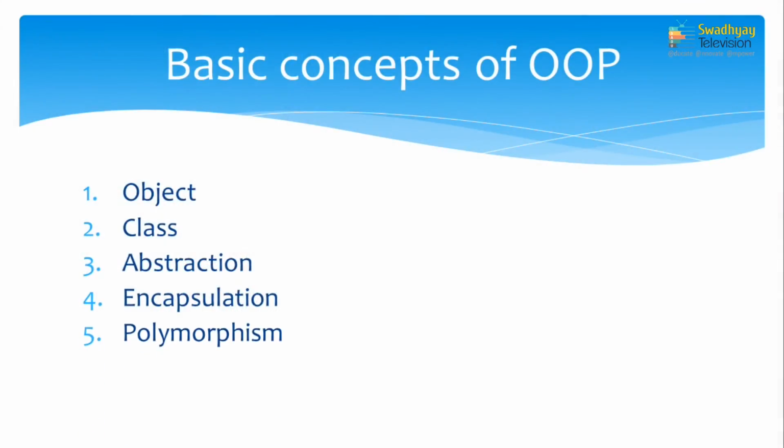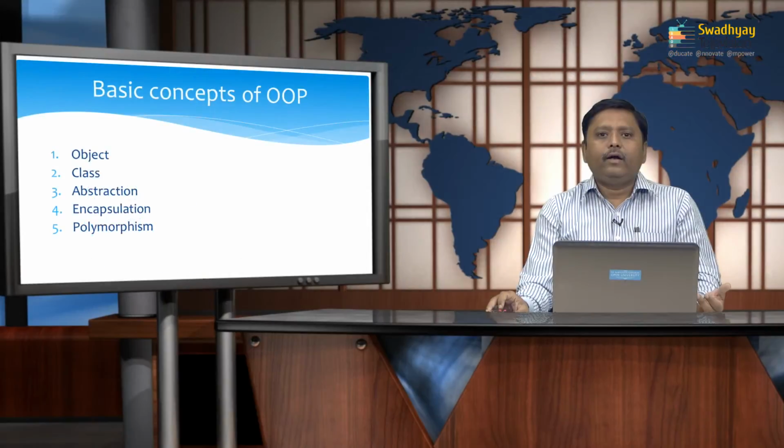The next is polymorphism. So, we discuss what polymorphism is. Polymorphism is the ability to implement the same message in different ways in different objects. The fact that different objects can respond to the same message in different ways is known as polymorphism.